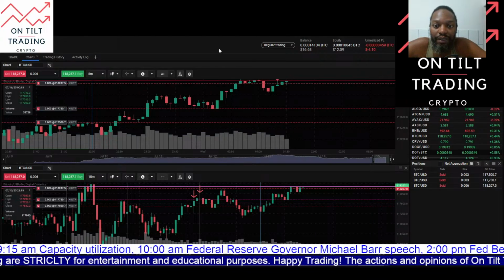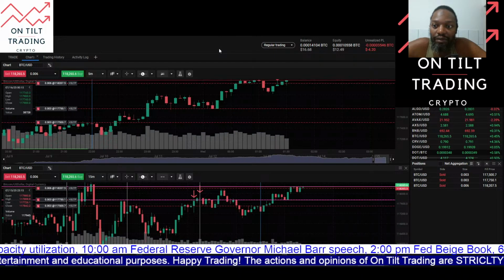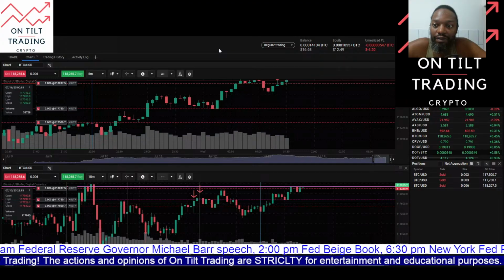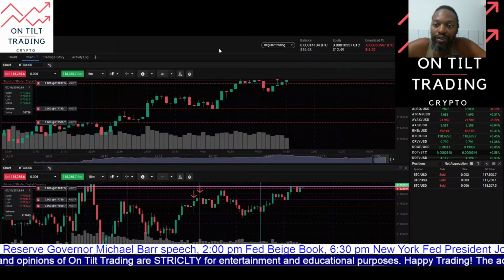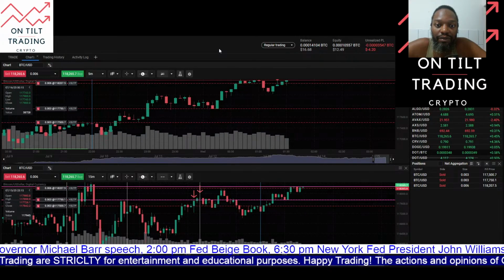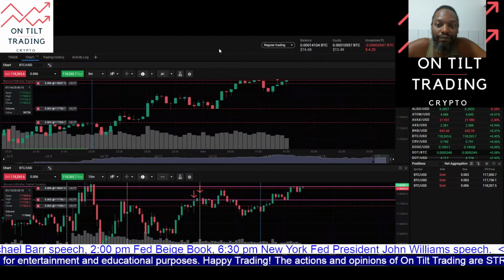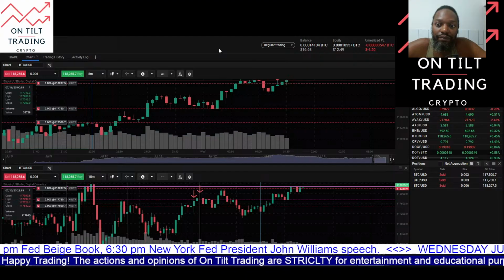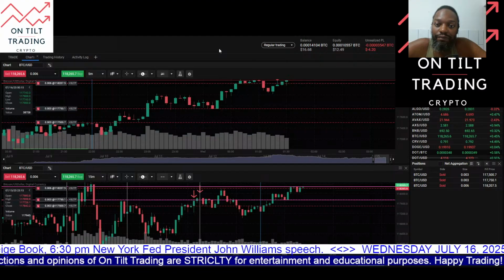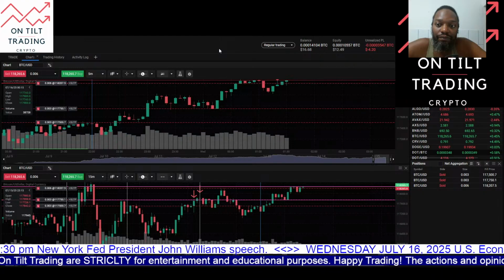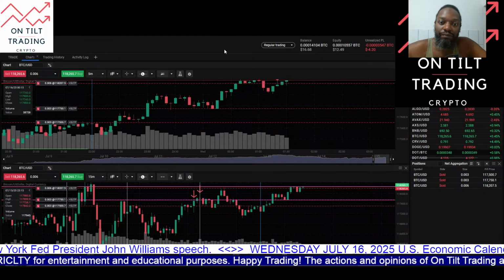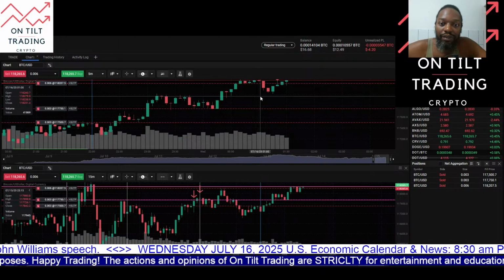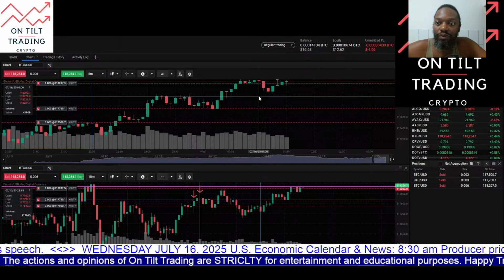So getting buy side delivery here in this 5-minute candle. More buy side delivery. Testing my stop currently. Price trading at 118.265.6. Stop loss 118.270 or 118.280.1.